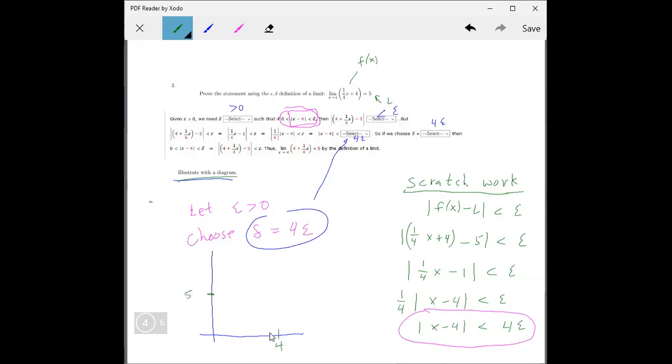And so you have 4 minus delta to 4 plus delta. And then this is going to be 5 minus epsilon to 5 plus epsilon. And then your graph looks like this right here.